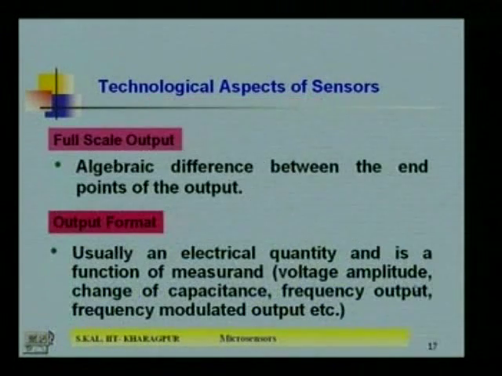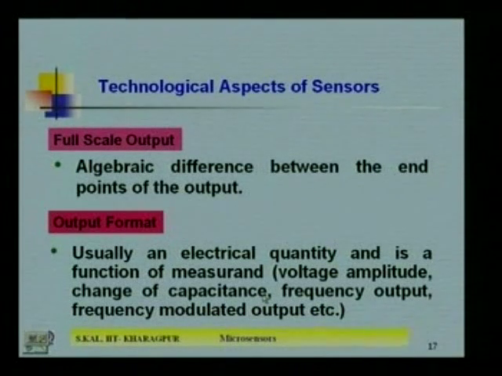Now the second technological aspect of a sensor is full scale output. That is basically the algebraic difference between the endpoints of the output. That is the full scale output. And you also have to look at the output format. That is usually an electrical quantity and is a function of the measurand.